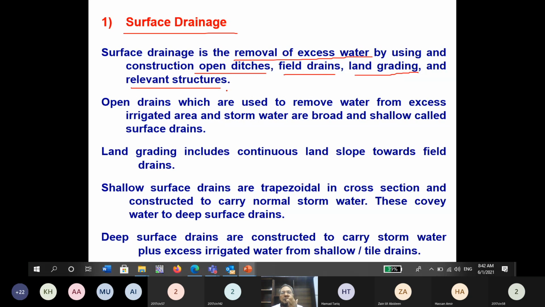And what is the name of these drains in Urdu? Who will tell me? Surface drains. Who will tell me the name in Urdu? No one is answering. What is the name of surface drains in Urdu?